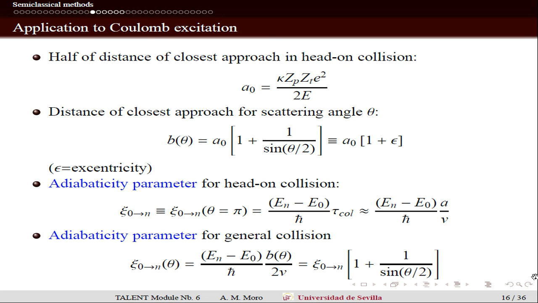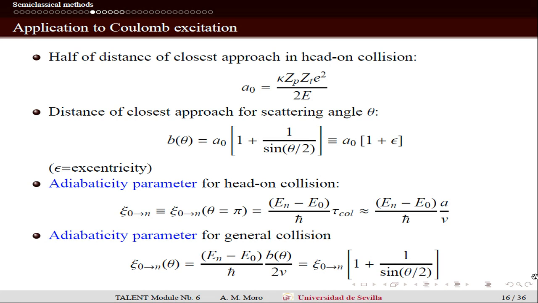Okay, so let's go to the Coulomb excitation. One of the main applications of these semi-classical approximations is the Coulomb excitation problem. So let me first define a few common variables and parameters that appear in the context of Coulomb excitation. So the A naught is half of the distance of closest approach in a head-on collision.